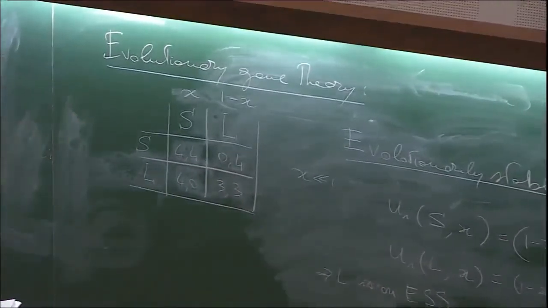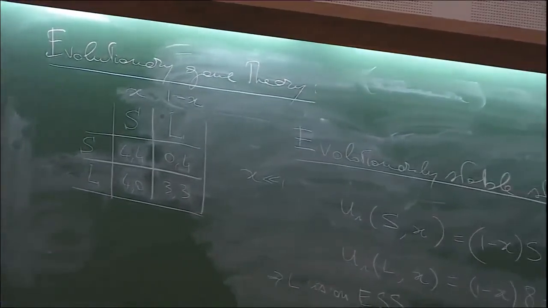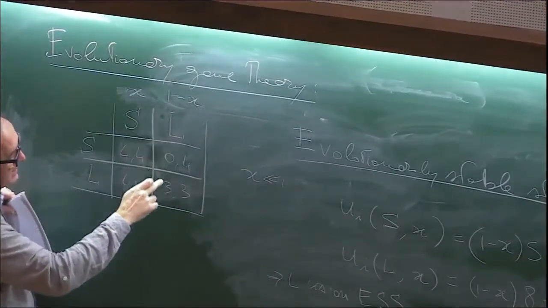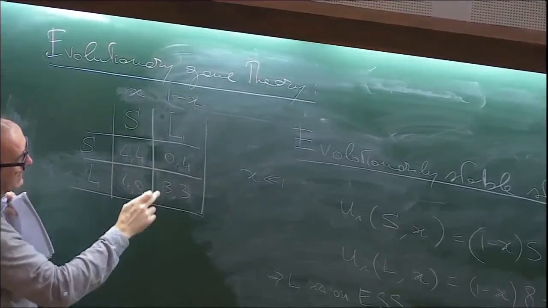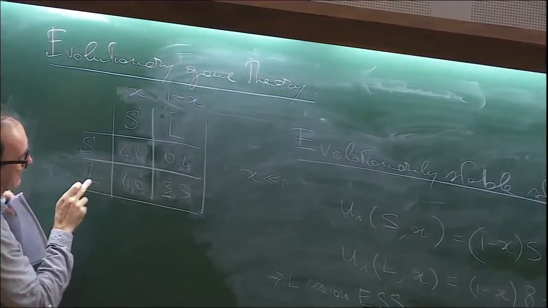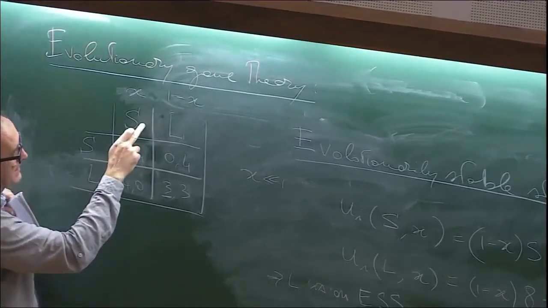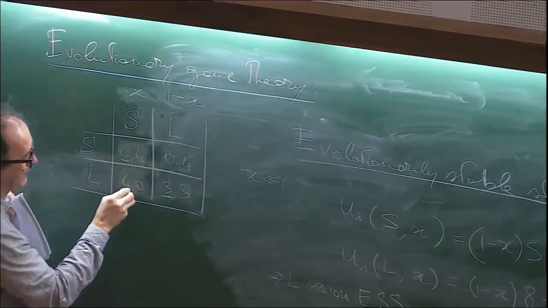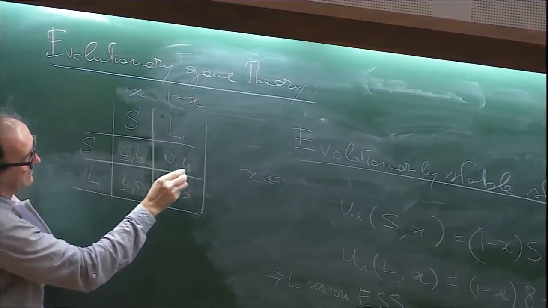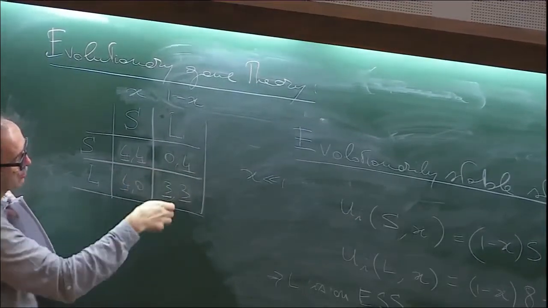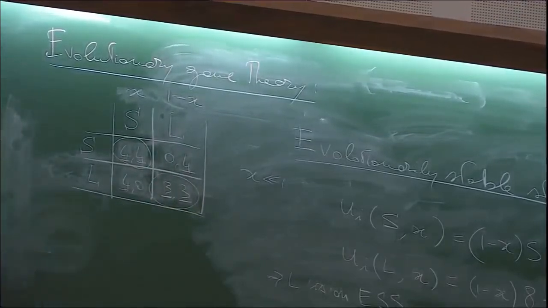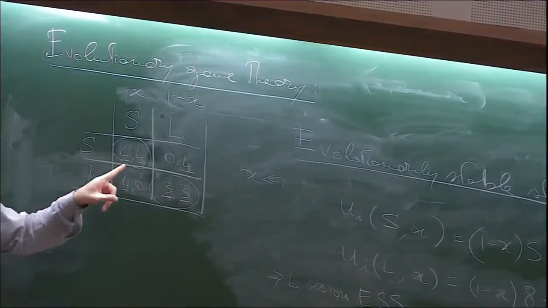Then what you can check is that when you look at Nash equilibrium, you can ask yourself, well, imagine that player 2 is playing L, then the best strategy for 1 will be to play L. If it's playing S, then player 1 is indifferent between playing S or L, okay? And you can do the same for player 2 and find out that the Nash equilibria are this and this, okay? So these are the Nash equilibria because they are the fixed points of the best response, okay?